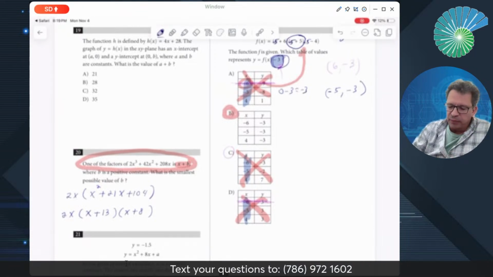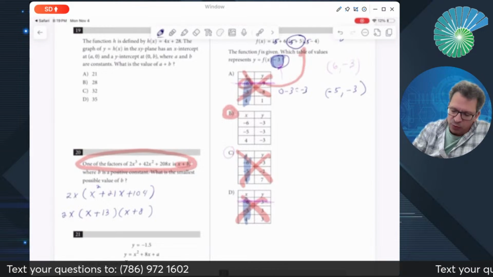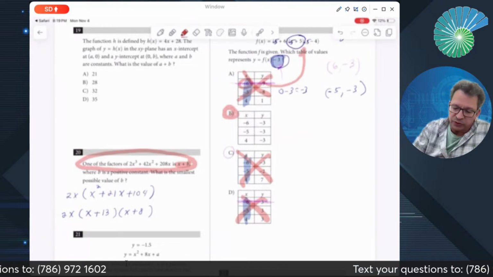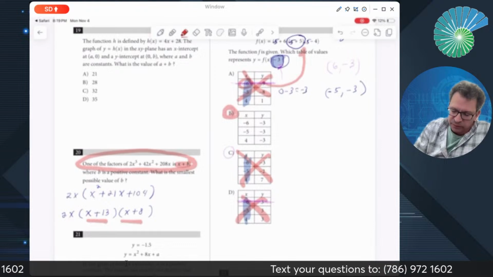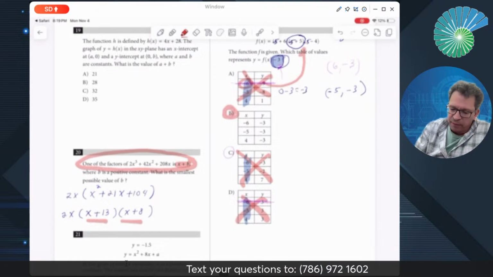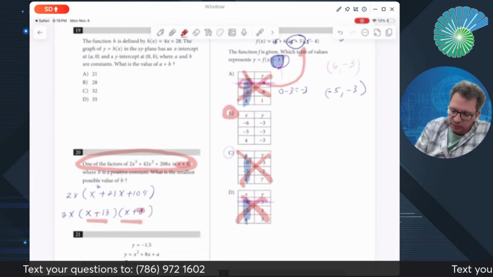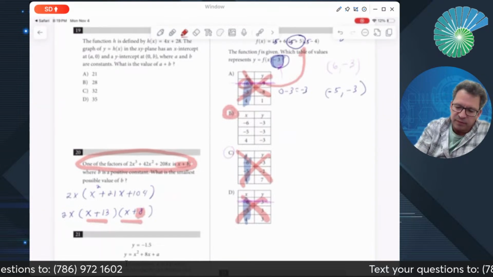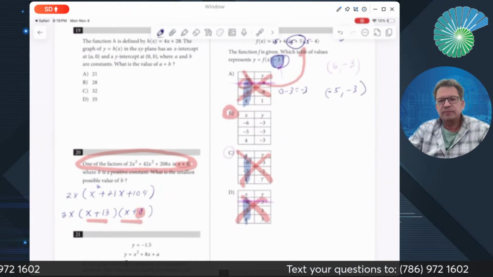So now that polynomial has been totally factored, and they say, well, of the two factors in this form, which of them has the lowest value of b? So obviously 8, and that's the answer.